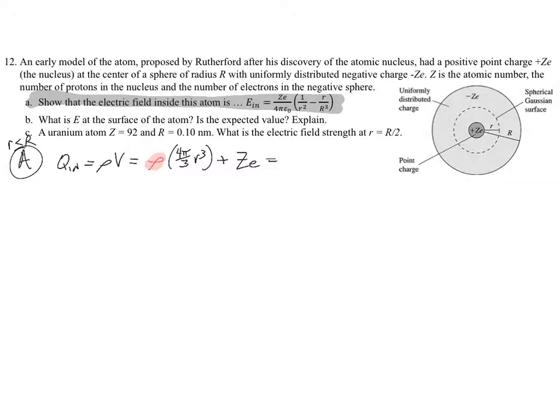All right, so the volume charge density would have to be minus Ze. So we're out here at the outer edge, per 4 pi thirds big R cubed. So this is our volume charge density for the whole stinking atom, all right?